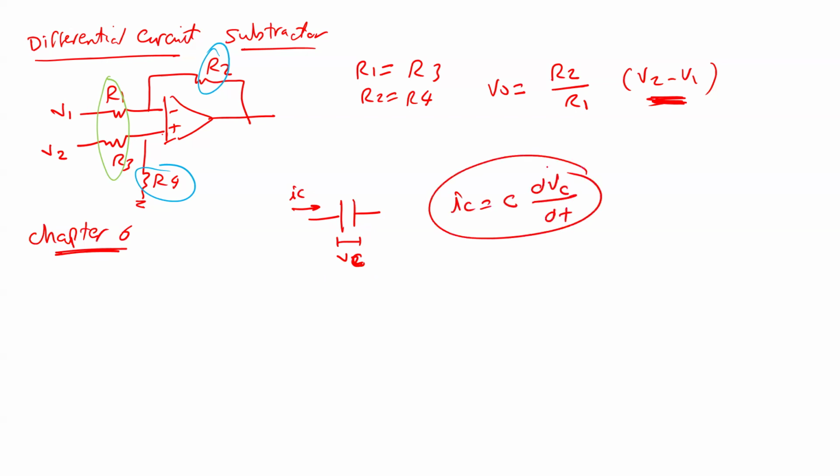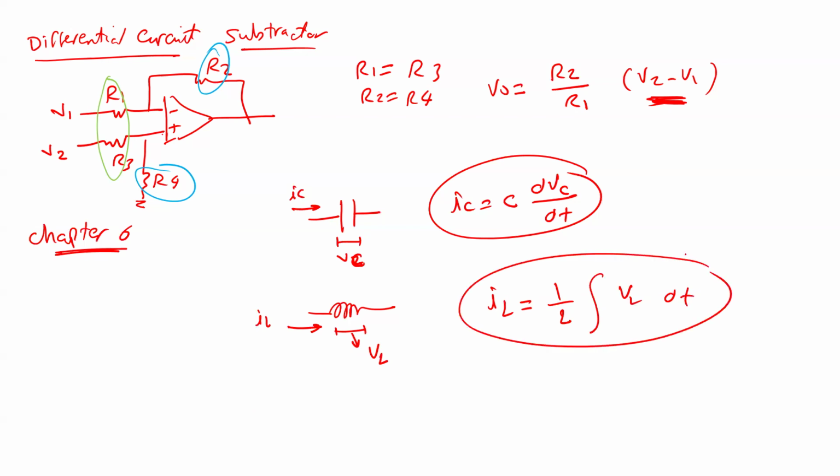So already differentiation is here. It's coming from the capacitor. Same thing if you look at the inductor: if you have here current IL, and the voltage drop here is VL, we found that the current IL equals 1 over L times the integration of VL dt.